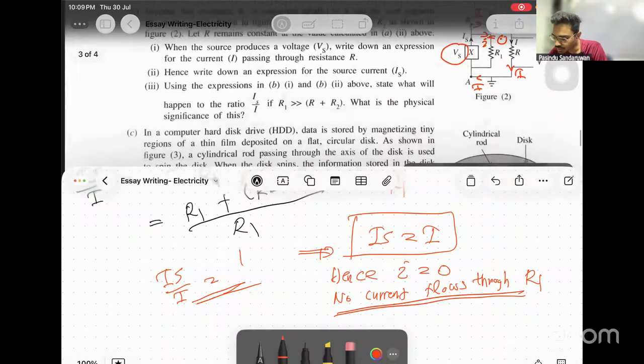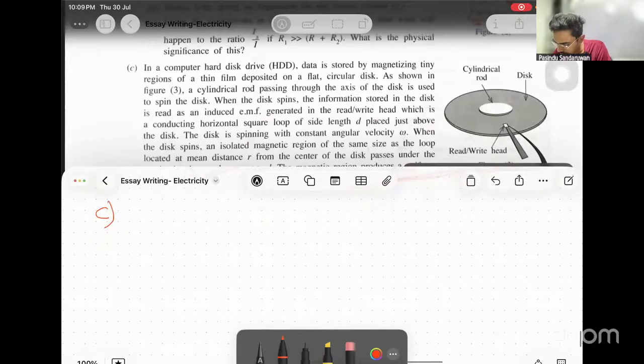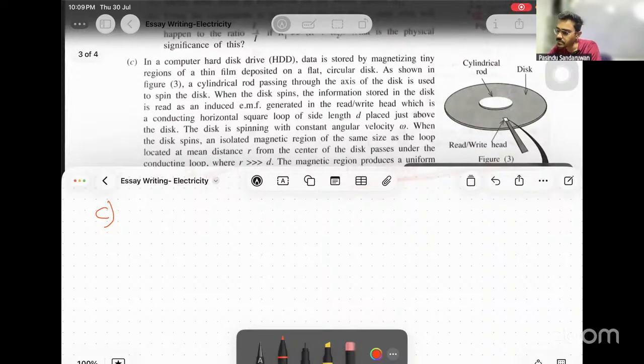Then, moving on, part C. In a computer hard disk drive, HDD data is stored by magnetizing tiny regions of a thin film deposited on a flat circular disk, as shown in figure 3. A cylindrical rod passing through the axis of the disk is used to spin the disk.